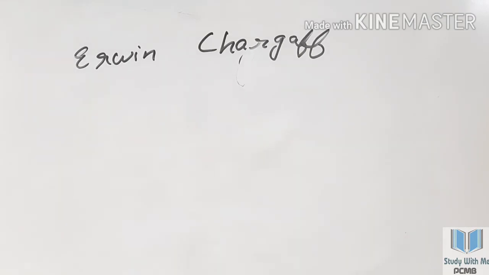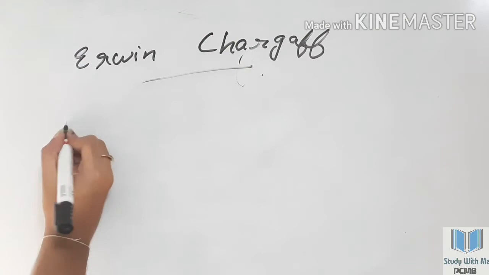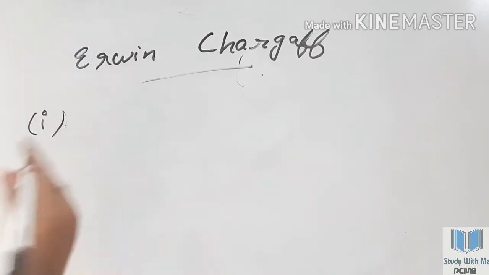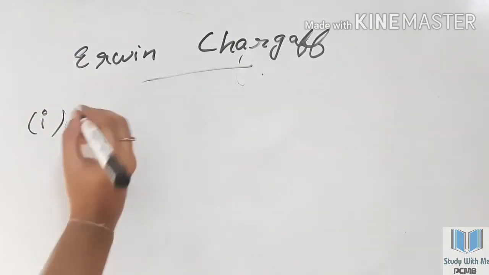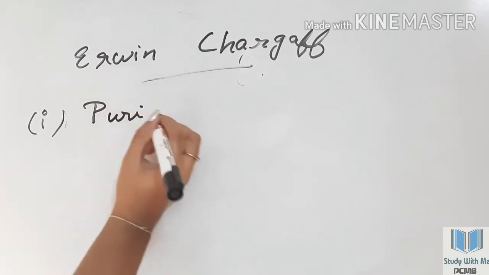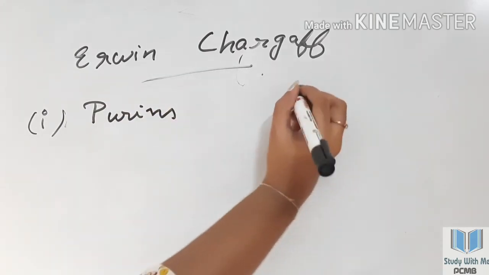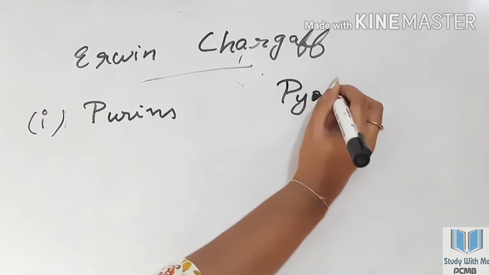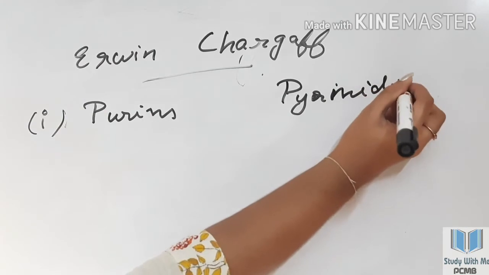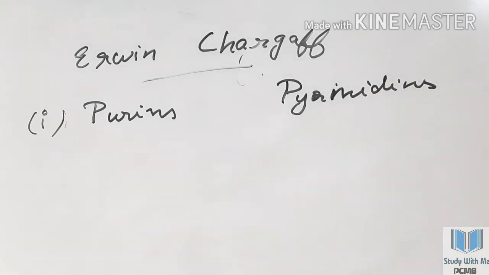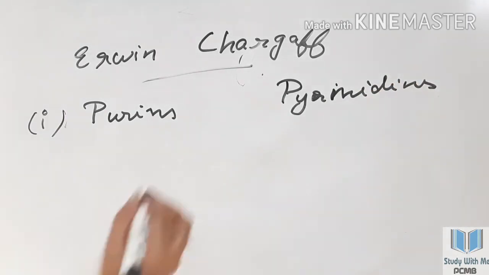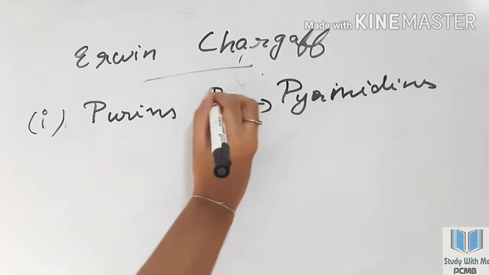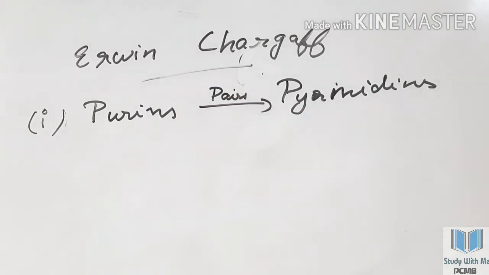The first one is, we have learned about purines and pyrimidines also. Purines pair with pyrimidines. The rule is saying that purines pair with pyrimidines.